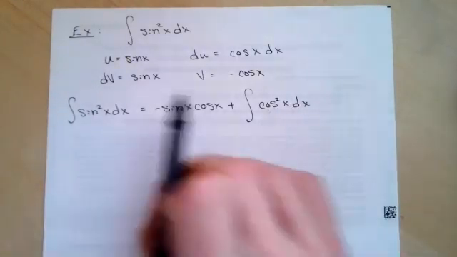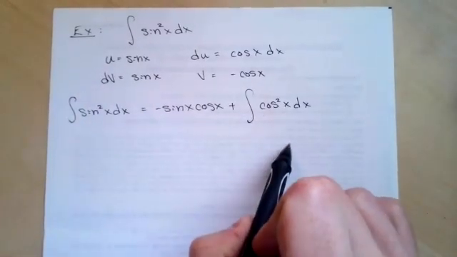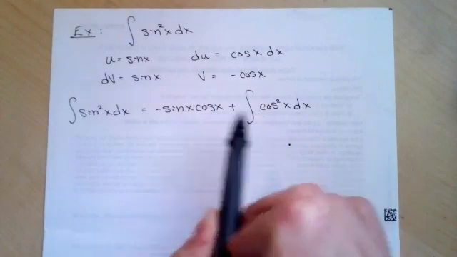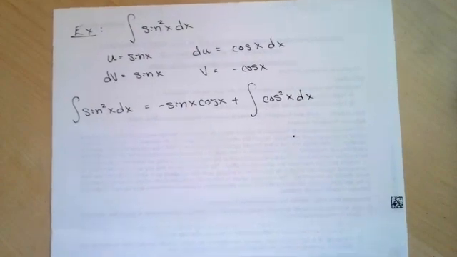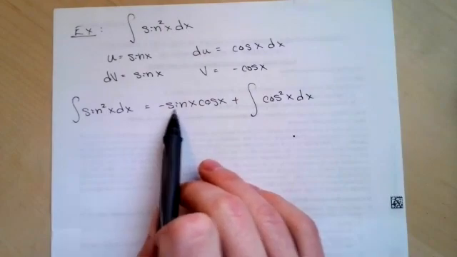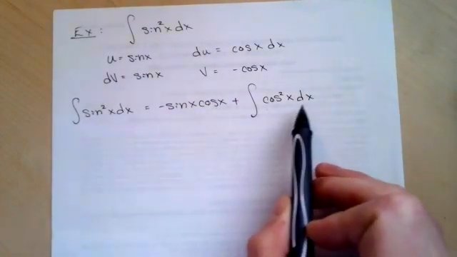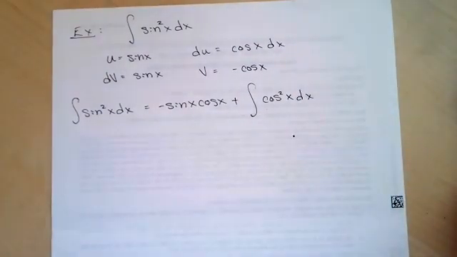So if we tried this again with similar substitutions, u as cosine and dv also cosine, then when we completed the integration by parts formula, it would end up taking us backwards. We would actually get something that would cancel this out, and we would get the integral of sine squared x equals the integral of sine squared x, which doesn't help us at all, right?